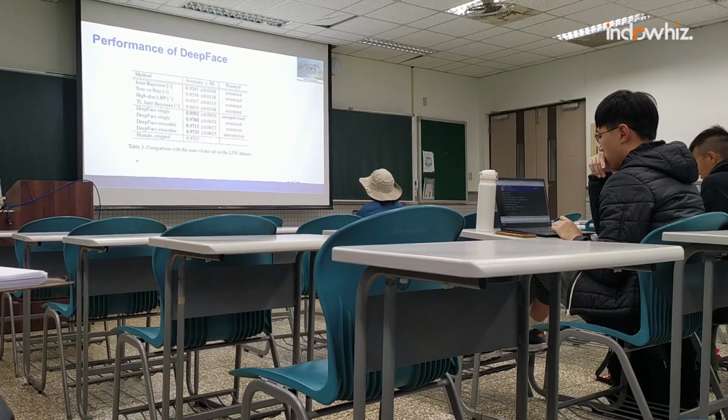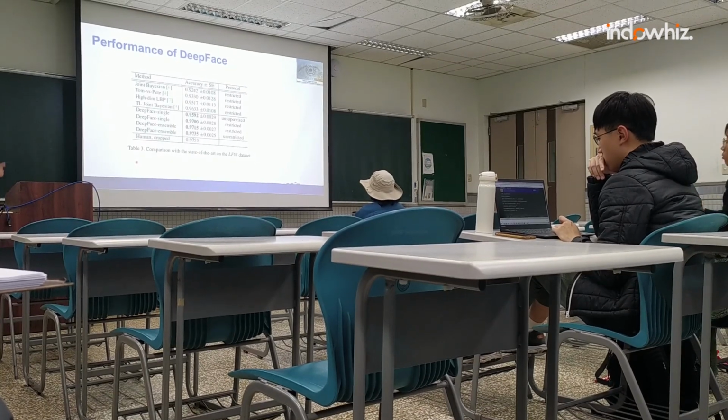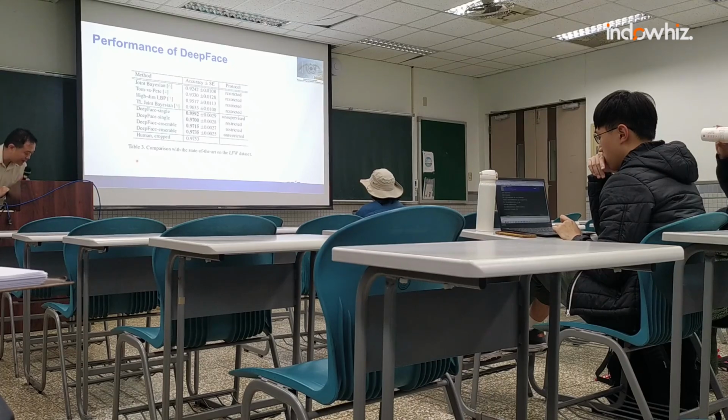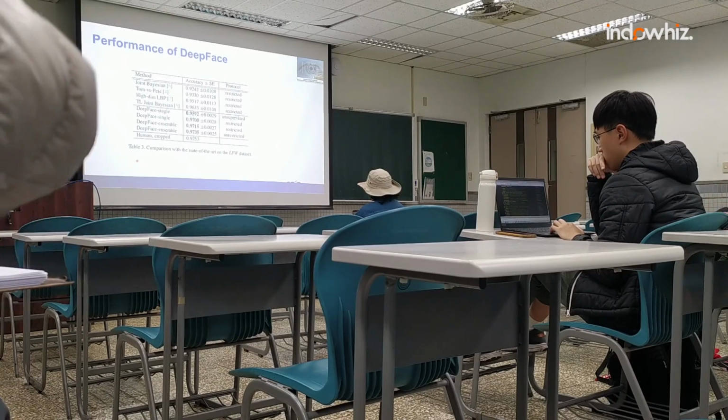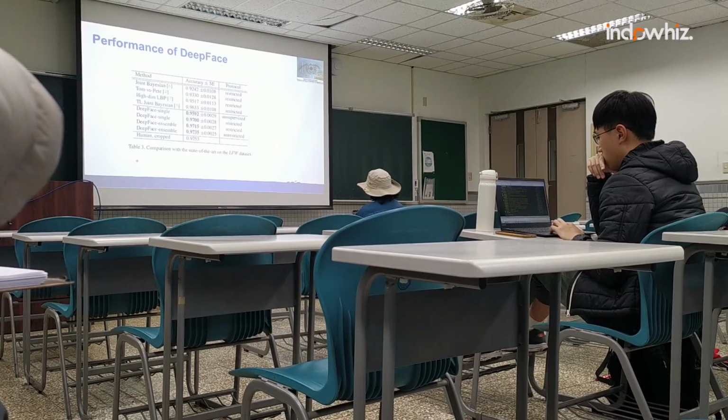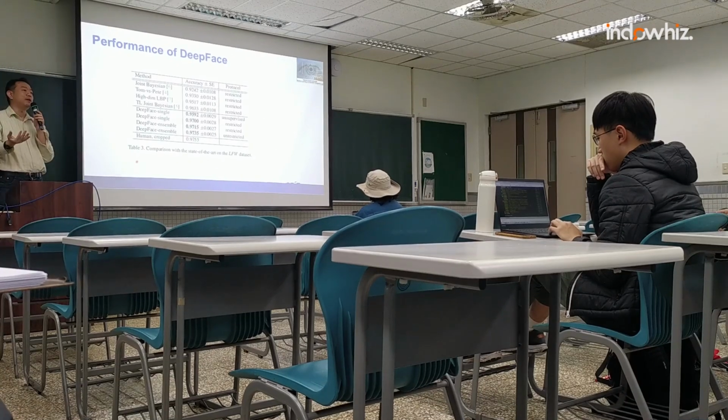Yeah, so the important thing you want to remember is that it is the first time deep learning is proposed for face recognition. And for the first time, it already can beat human performance. In the machine learning world, one milestone that we care about is whether our algorithm is as good as human.